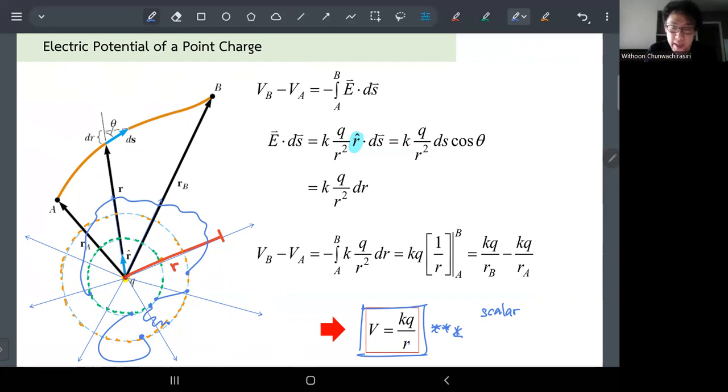The only thing you have to be a little concerned about is that since it's a scalar, it can have positive or negative values, because a positive charge will generate positive potential and a negative charge will generate negative potential, right? Because now we have push and pull effects from the two types of charges. One does the pushing and one does the pulling.